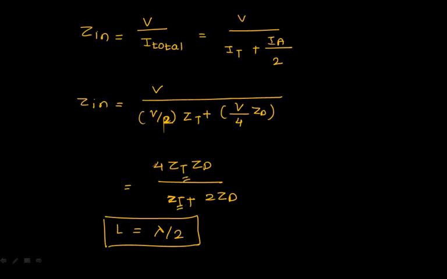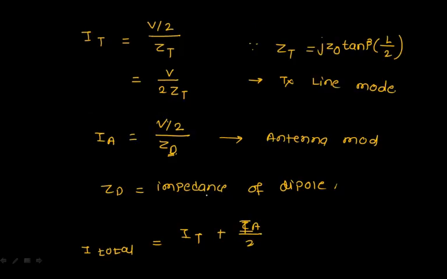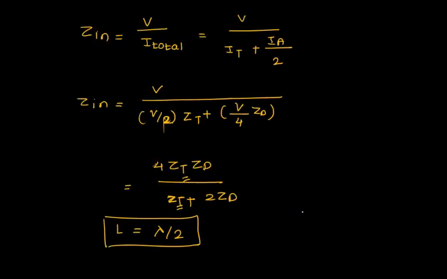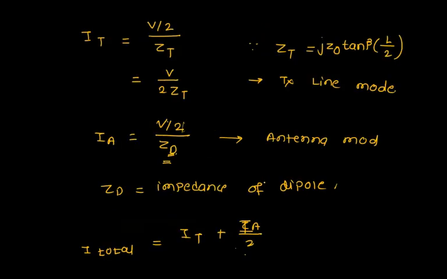I have one doubt somewhere here. If I'm talking about the total current, it is V by 2ZD here, and your I total is IA by 2. So this IA by 2 is nothing but, here IA by 2. Therefore IA by 2 is equal to V by 4ZD.